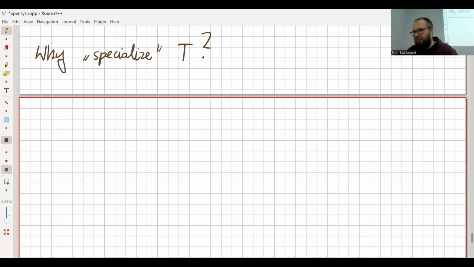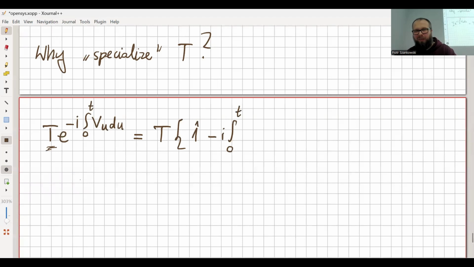So let's see what kind of things we will be dealing with then. Let's take our V_I(u) du. So this is a universal T. It reorders everything. And let's just focus on the first term of the series expansion. There are more terms, but let's not look at them right now. It's not necessary.